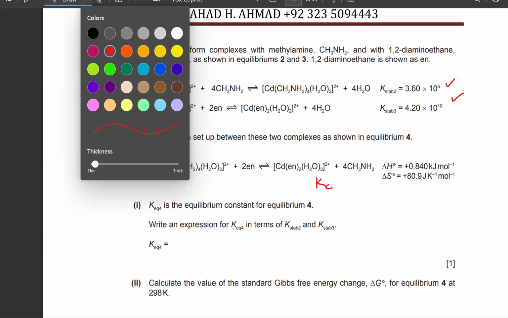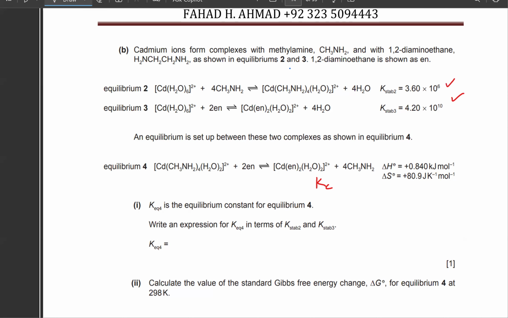So I'm going to write those expressions first. K stab 3 is basically what?